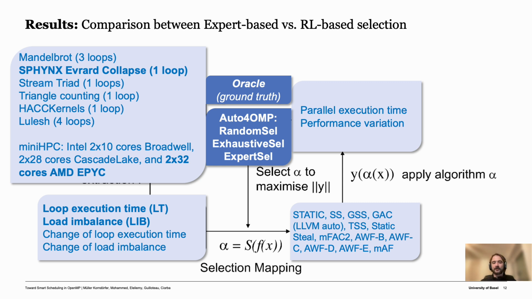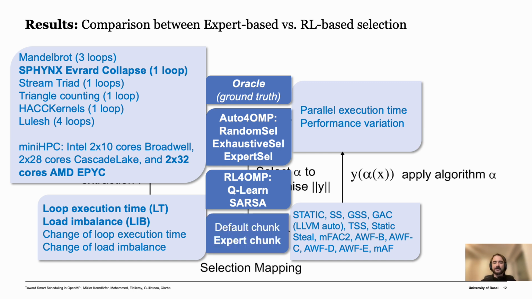And then, of course, all the three expert-based methods, the two RL-based methods, and finally the two modes of chunk parameter. The default chunk parameter is usually 1 in most OpenMP implementations, including LLVM. And the expert chunk parameter, as I mentioned before, is an empirical value that depends on the total number of iterations of every loop.